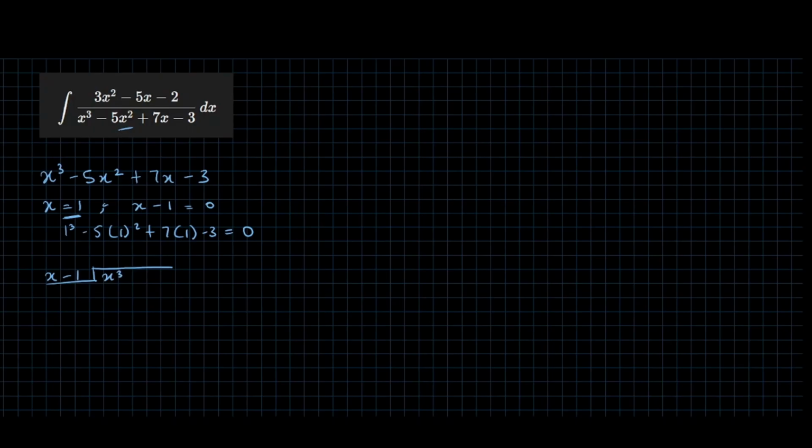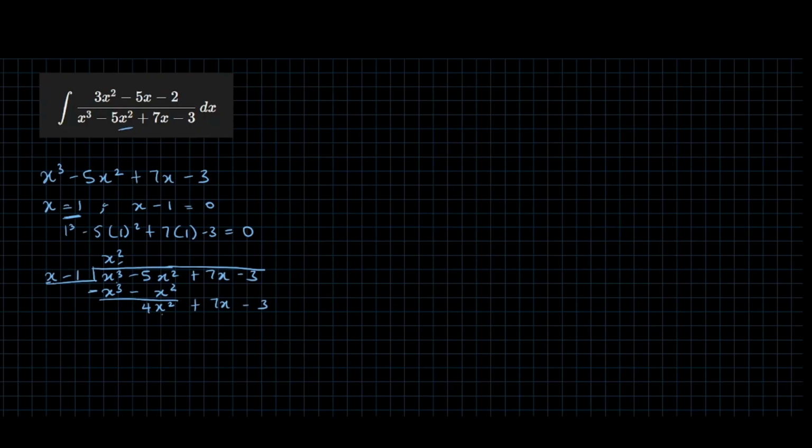I'll use it to divide the equation to get the other roots. x into x cubed is x squared. x squared times minus 1 is minus x squared. So that leaves you with minus 4x squared. This minus here will be minus 5 plus x squared. You drop down 7x and minus 3.